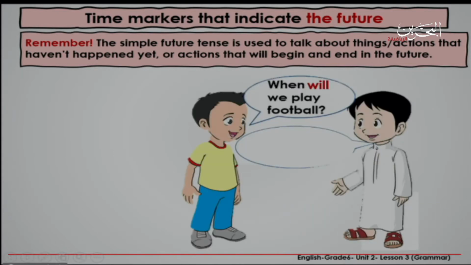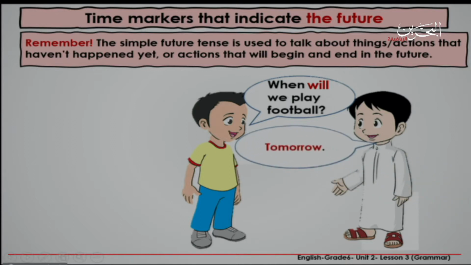Here is a conversation between 2 boys. Let's read the conversation together. When will we play football? In a month's time. Or next week. Or on Monday. Or this afternoon.